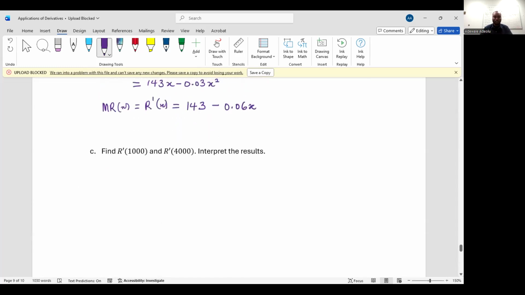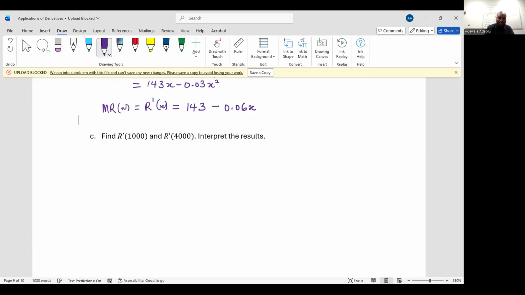Find R prime of 1,000. Now, before I say anything, what does this mean to you? R prime of 1,000. You should be able to understand that. It is the revenue generated for selling the 1,001st cordless drill. I hope that makes sense.